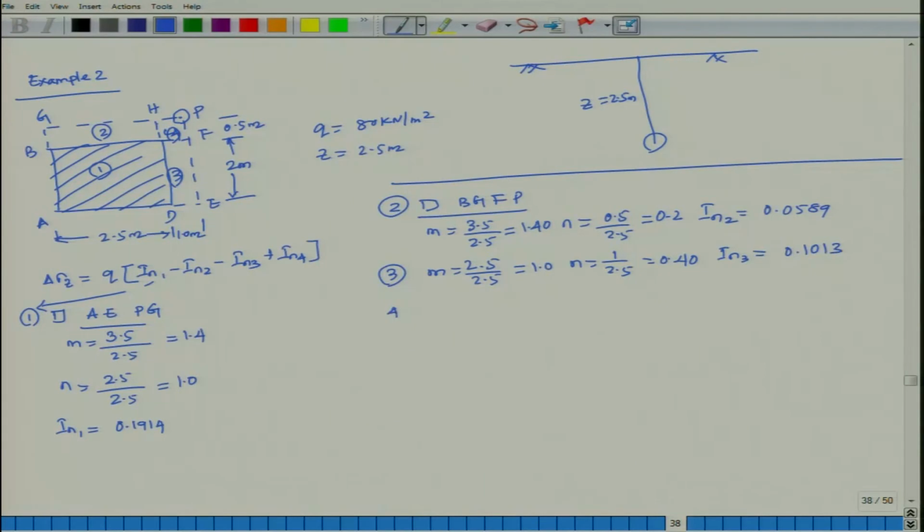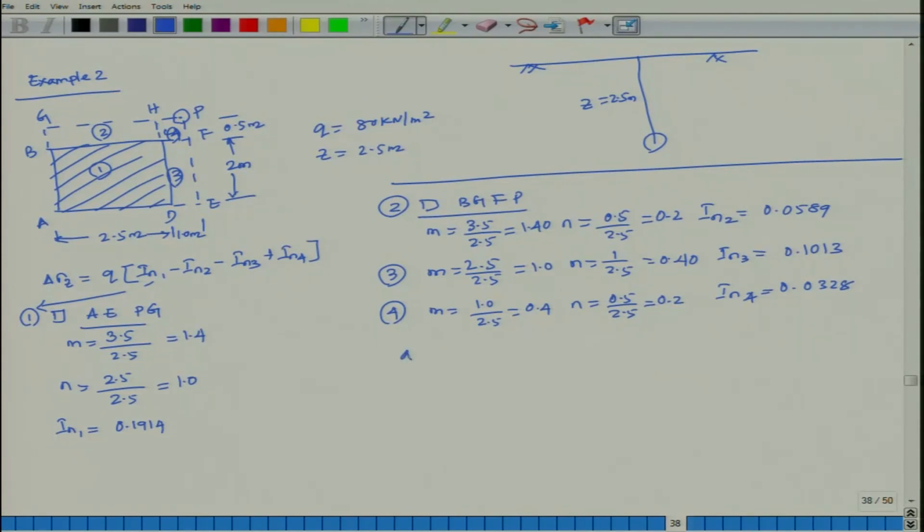Then case 4. M is equal to 1.0 by 2.5, which is equal to 0.4, N is equal to 0.5 by 2.5, which is equal to 0.2, I_n4 is equal to 0.0328.